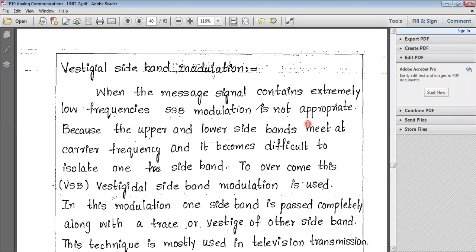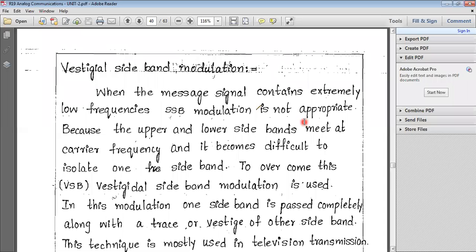Similarly, if you take the message signal as 1 kilohertz, then what is the upper sideband frequency? It becomes 301 kilohertz. And similarly, the lower sideband frequency becomes 299 kilohertz.